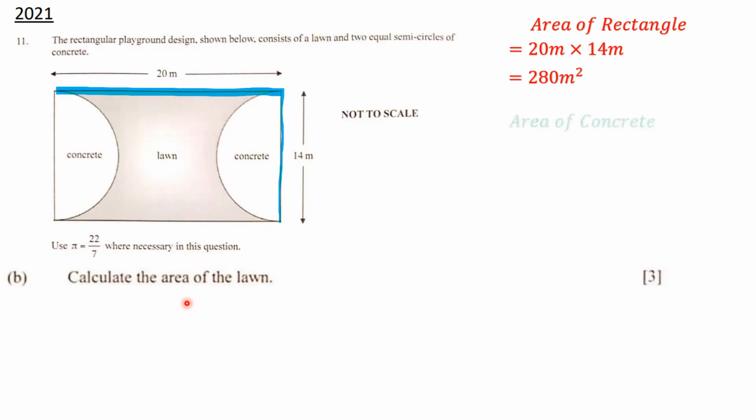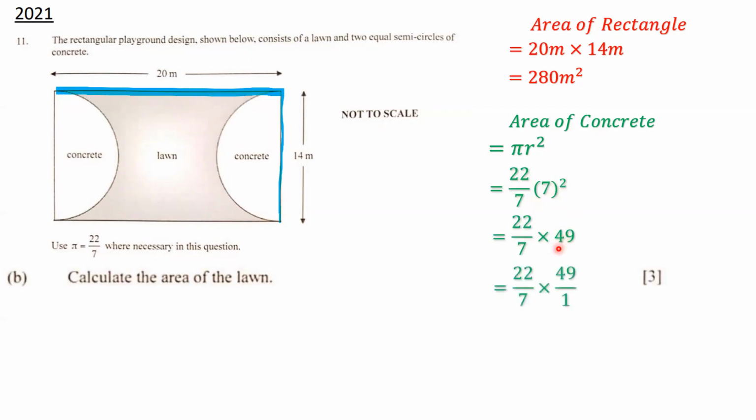Now we have to figure out the area of the concrete. Notice that we have two semicircles. Two semicircles equals one circle. So we have to figure out, in essence, the area of one circle, which is going to be pi r squared. Pi is 22 over 7, and r is going to be 7. So we have 22 over 7 multiplied by 7 squared, which is 49.